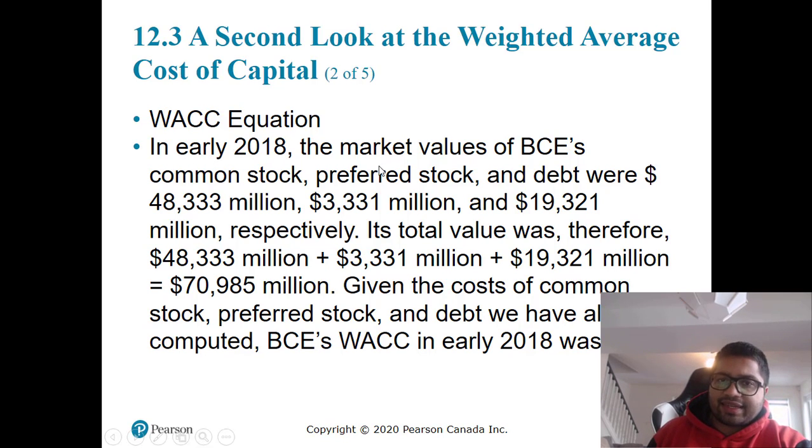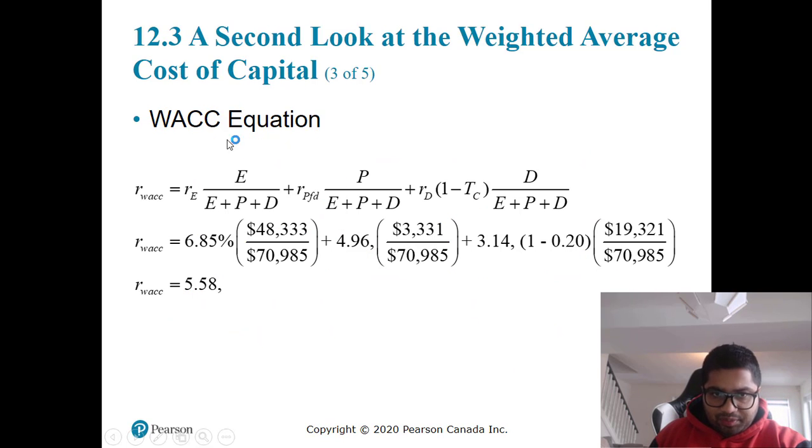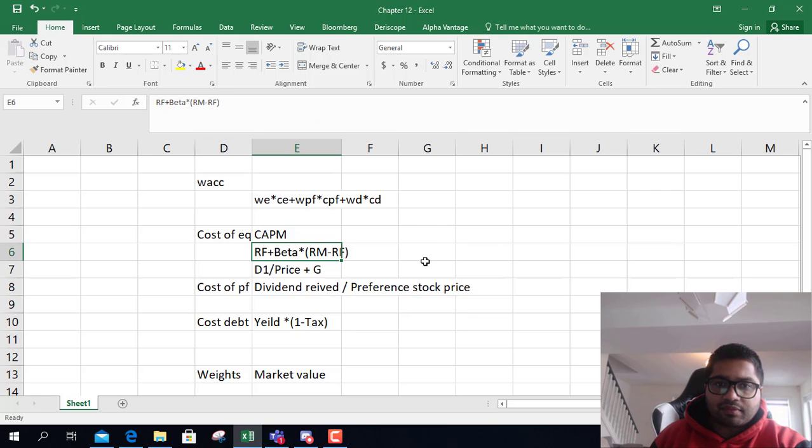So in early 2018, the market value of BCE's common stock, preferred stock and debt were 48 million, 3.3 million and 19 million respectively. The current value therefore was 70 million. Given the cost of common stock, preferred stock and debt which we have already computed, you can put it in the formula.